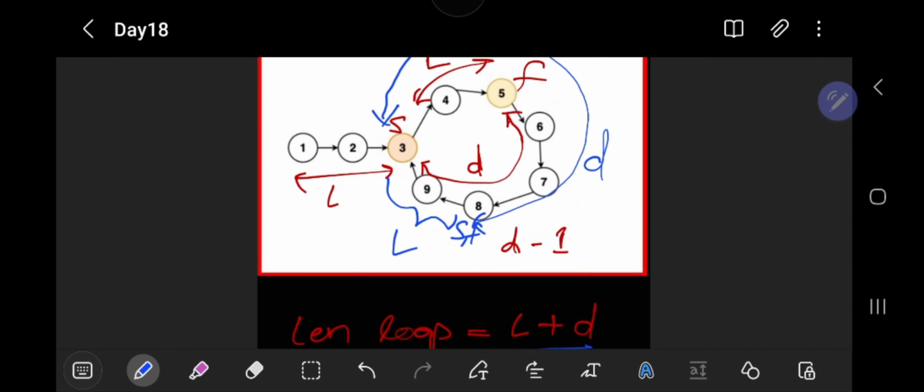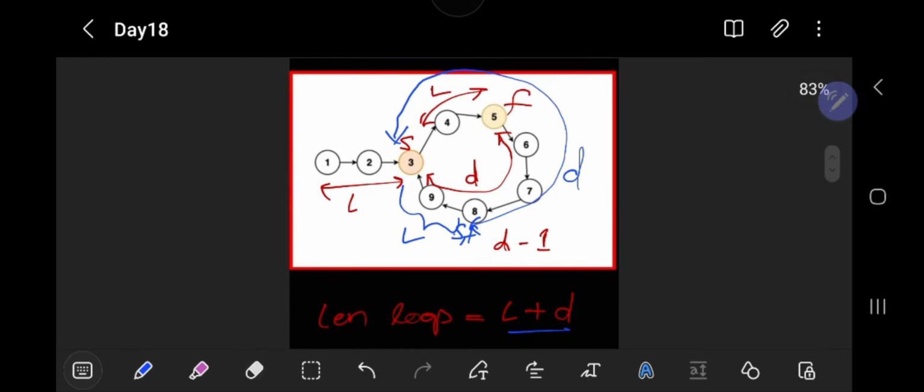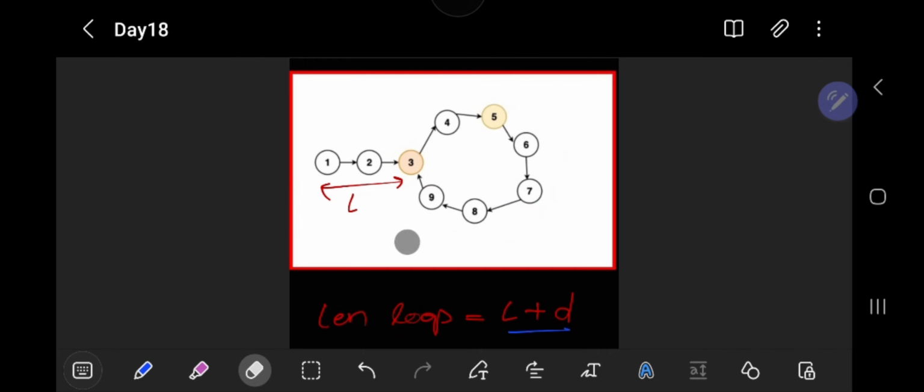It will of course be L, right? So the fast and the slow pointer both are at L distance from the starting node. Am I right? Are you clear till now? Let me just make it clear for you.